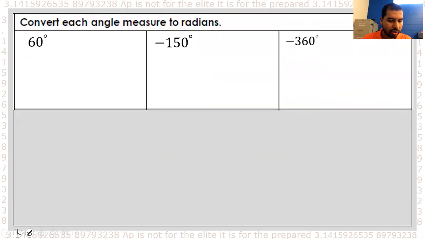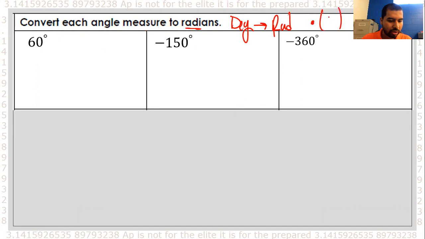Okay. Alrighty, so let's go ahead and do some examples. And I have this right here. Convert each measurement to radians. So I'm going to see what they gave me. Well, they gave me degrees, right? This little symbol tells me I got degrees. And I'm going to change it to radians. In order to do that, I must multiply by, right?